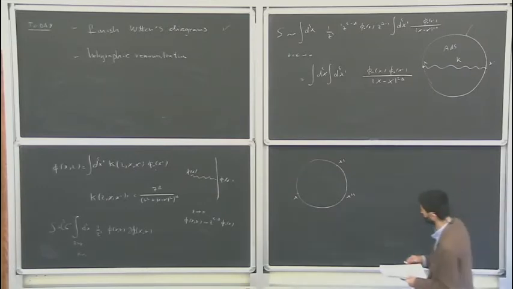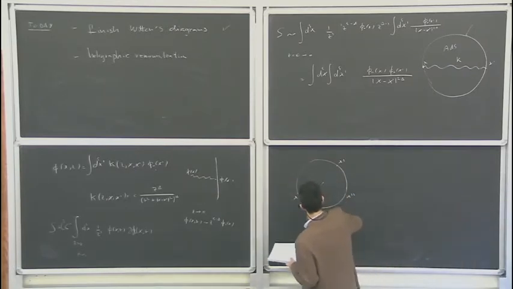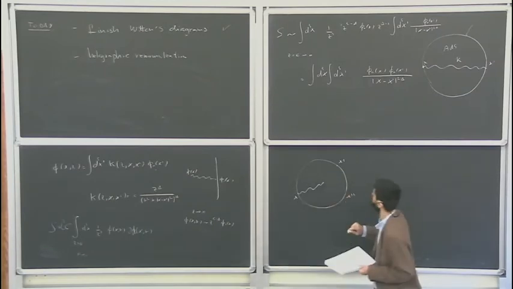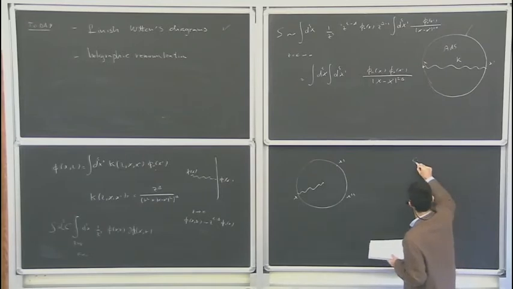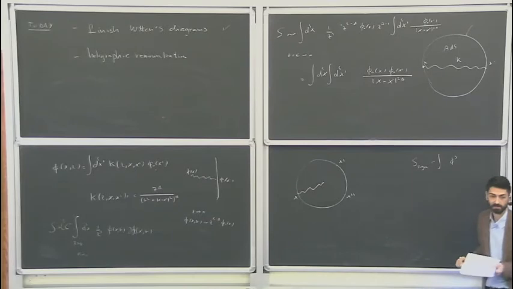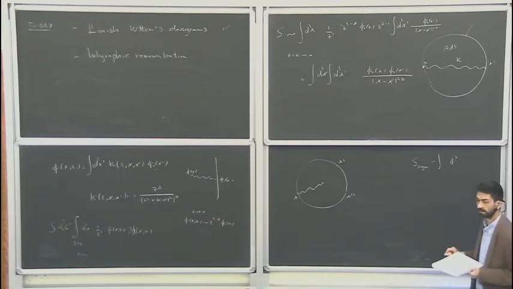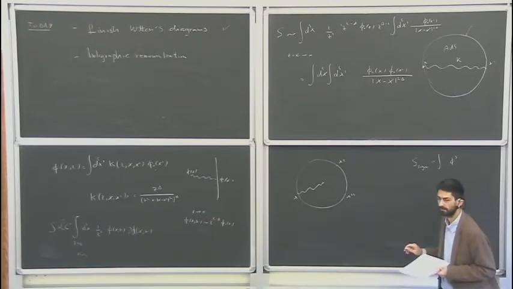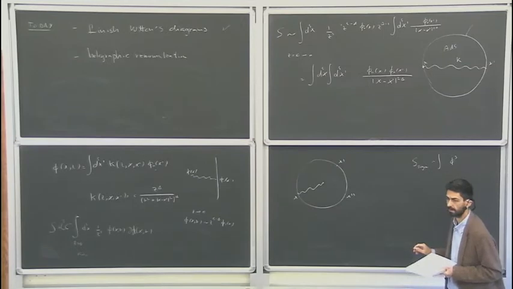So if we really want, for example, to have a cubic vertex, then we have to consider a term in the on-shell action, well, gravity action, that contains a cubic term.